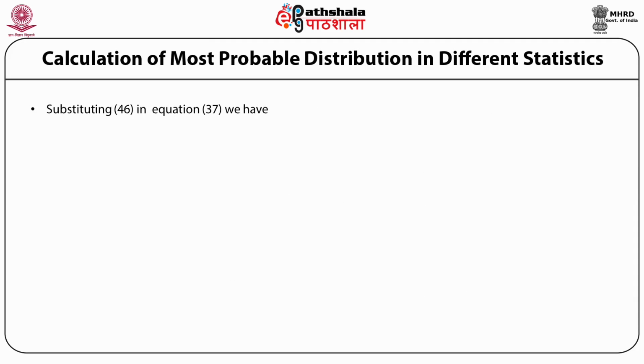Substituting 46 in equation 71, we have summation over i of [log(gi/ni) − η − α − βεi] multiplied by the variation in ni is equal to 0.